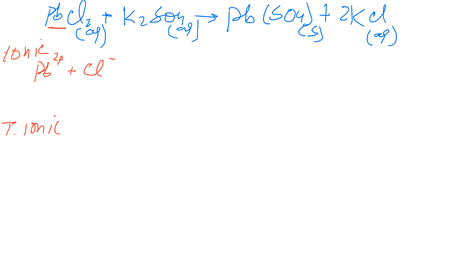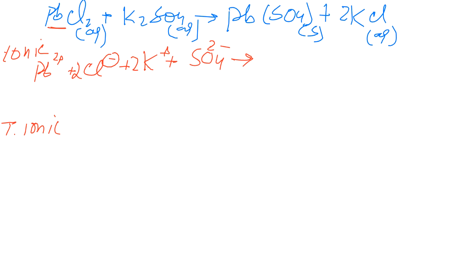You have to balance the charge, so you multiply by 2 here because there are two chlorine. Plus K plus, but there are 2 K, so you put 2 here, plus sulfate, 2 minus, so the charge will be equal.